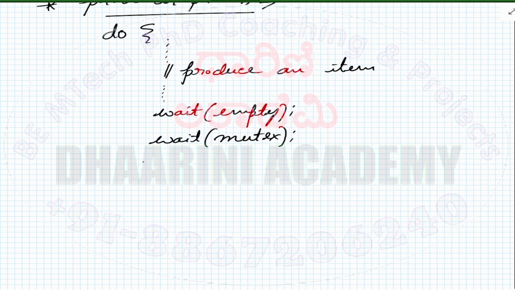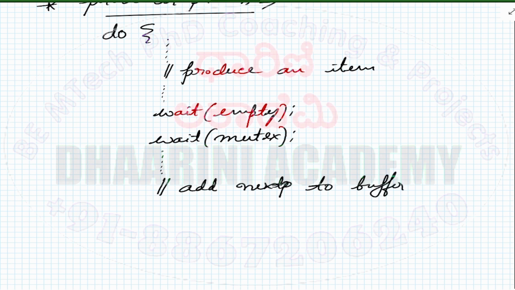All right, now the next part, after wait, is the part which actually accesses the common variable. I'm trying to increase the number. You do that by adding next p to the buffer.